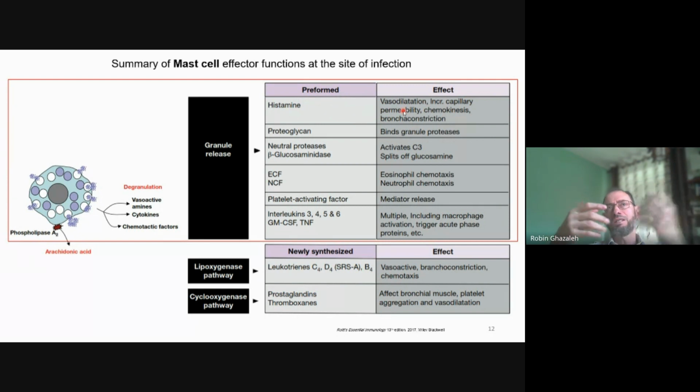Now we need things to come out of the vessels, we need these either eosinophils or neutrophils and the other cells that are needed as well. They're also involved in chemokinesis, meaning moving. I don't know why I say chemokinesis or chemotaxis, it's the same type of thing.